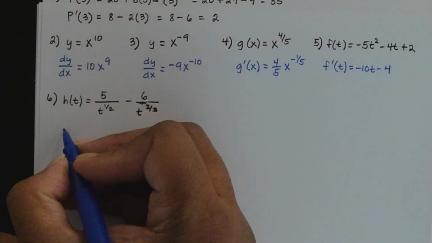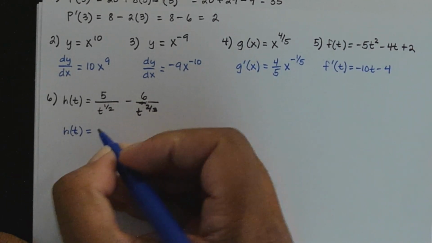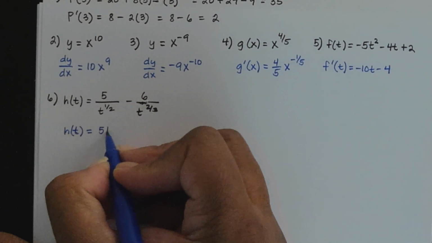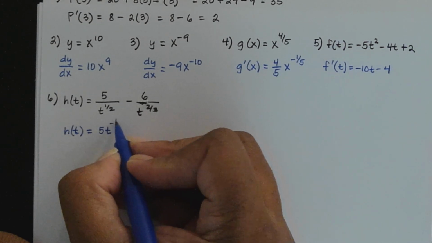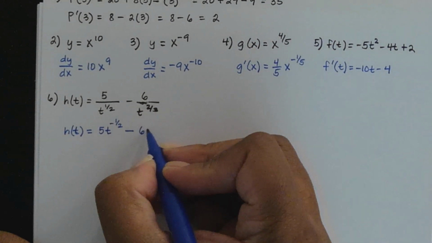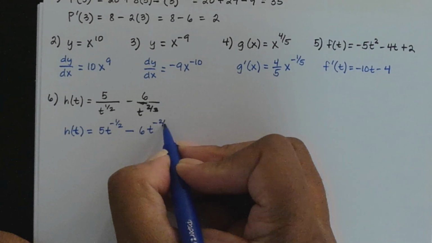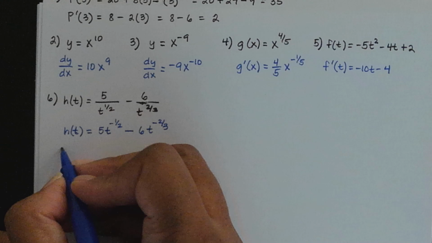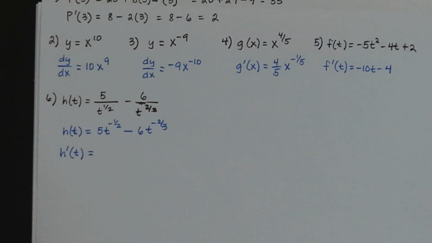Write this using negative exponents, and then we can find out what h prime of t is. If I pull the t out of the denominator, it'll be t to what power? Negative 1/2. Then minus 6 times, pull the t out of this denominator, that 2/3 becomes negative 2/3. And then we're going to be doing h prime of t.